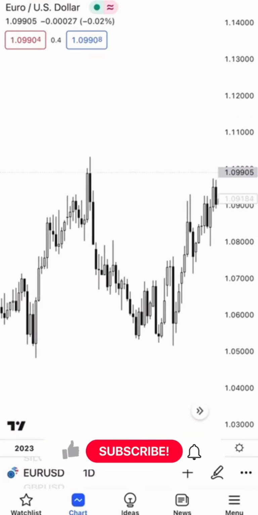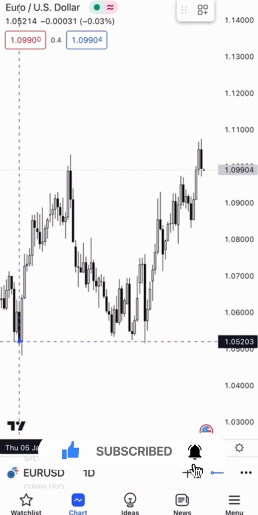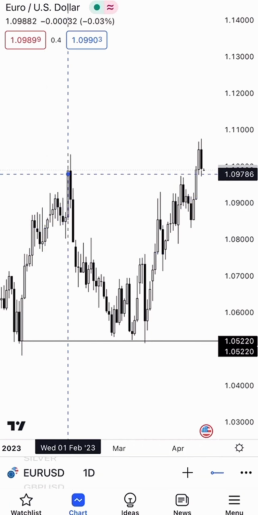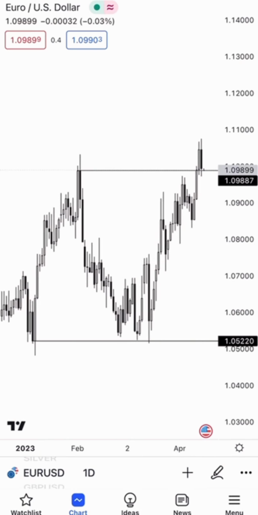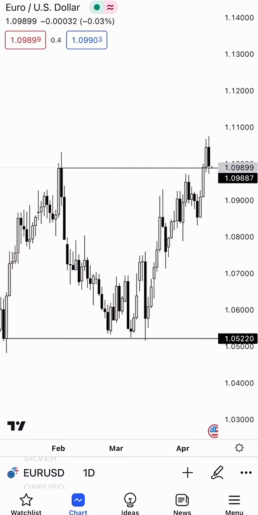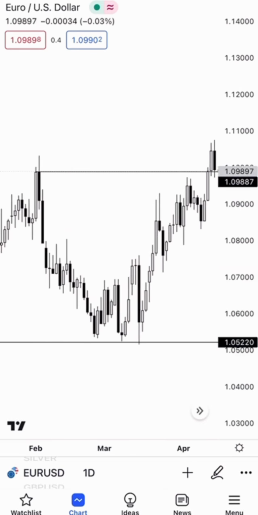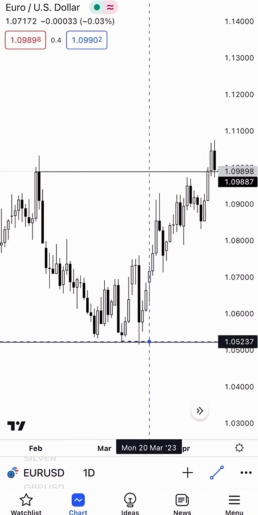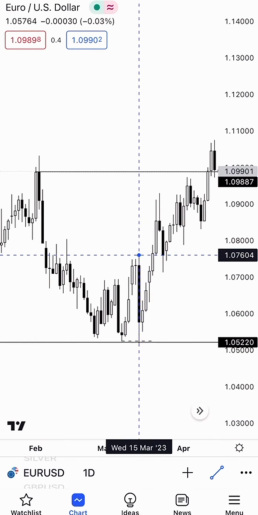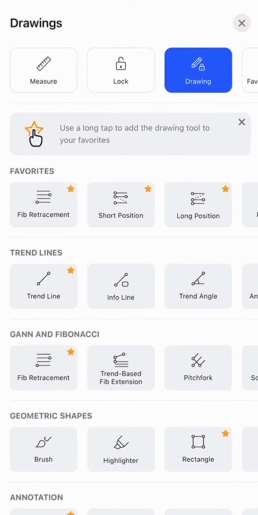So we had Euro USD take out this liquidity pool, and we had left the higher liquidity pool untapped. During this leg up, we've been breaking highs, rejecting lows right here, and respecting bullish PD arrays.